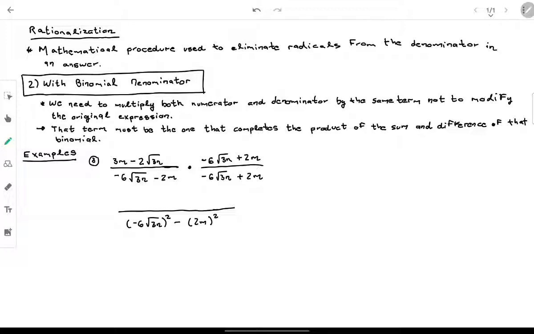What will happen on the numerator part? It will be the multiplication of the two of them, this one by this and this one by this and this. So let's do it in a single step. The first one is going to be minus 18m that multiplies the square root of 3n. The next one is going to be 3m and 2m, so it's going to be plus 6m squared.